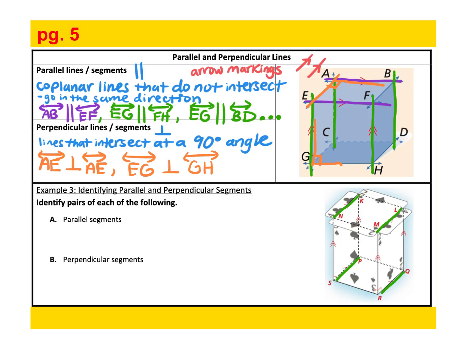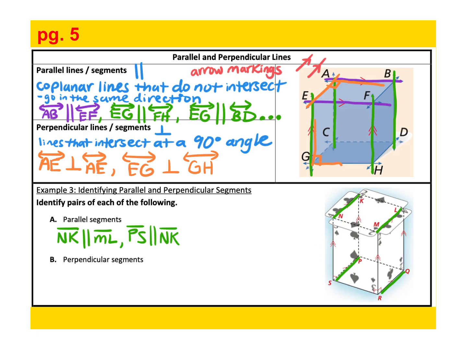Maybe we want to pick segment NK is parallel to segment ML. Or I could pick PS is parallel to NK. So we can use any combination of these 4 lines. They're all parallel to each other.